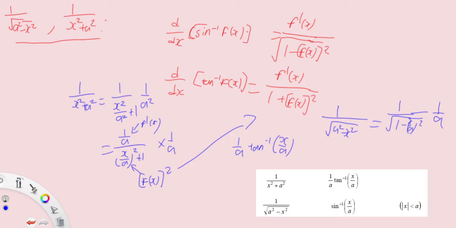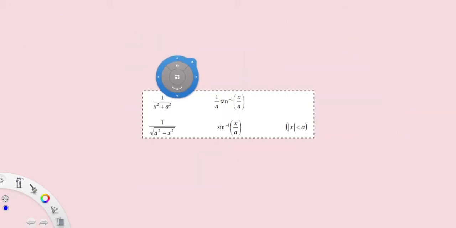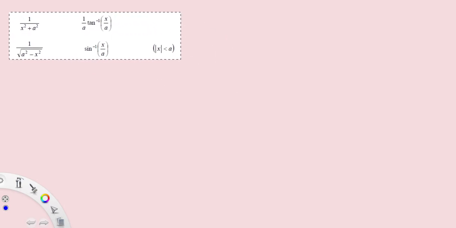So then this is your f(x) squared, this is your f prime, and the whole thing is basically just sine inverse x over a. As such, we derive this general formula from these two equations here.